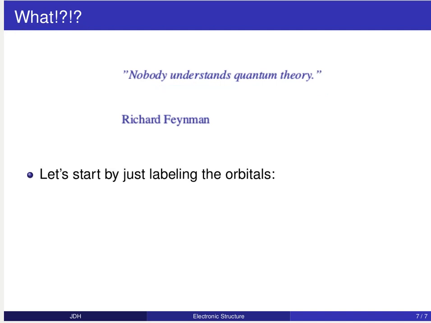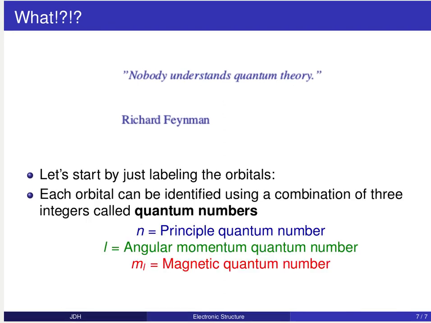So we're going to start from the very basics here, by labeling these orbitals. We're going to come up with essentially an addressing scheme so that we can talk about this infinite number of different solutions. As I said, this address consists of three numbers. It turns out they're integers, and we're going to call them quantum numbers, and we've got special names for each one of them.